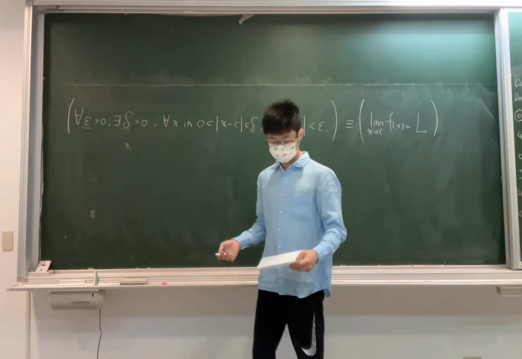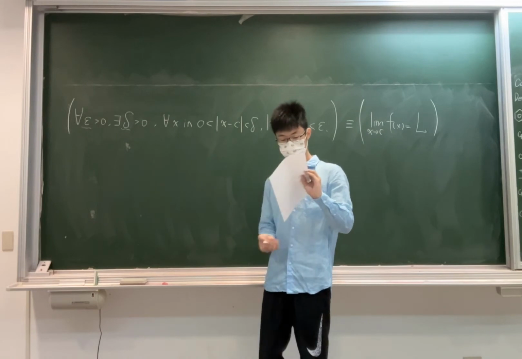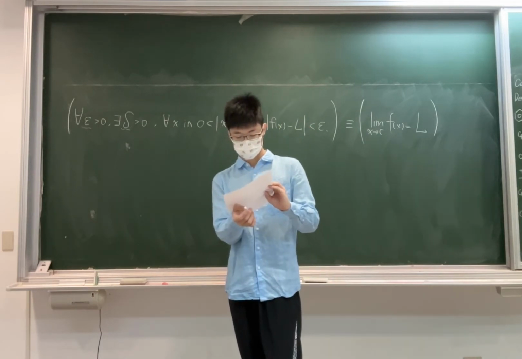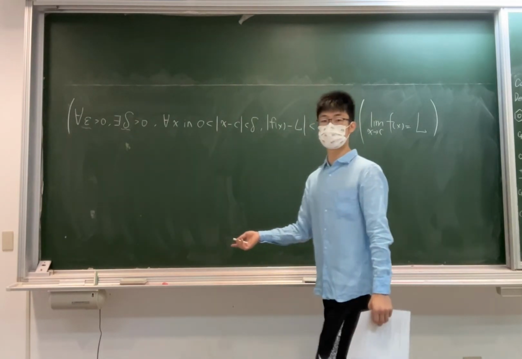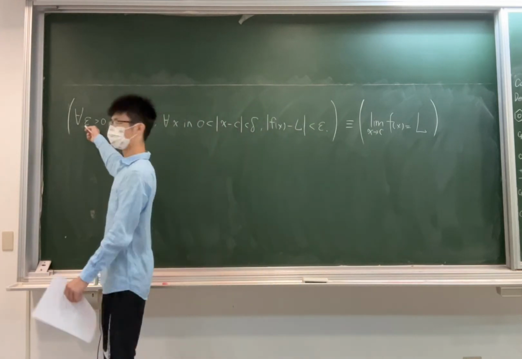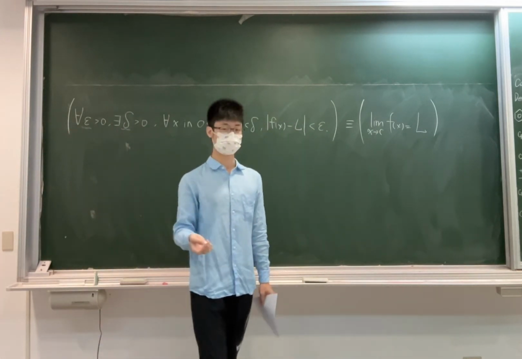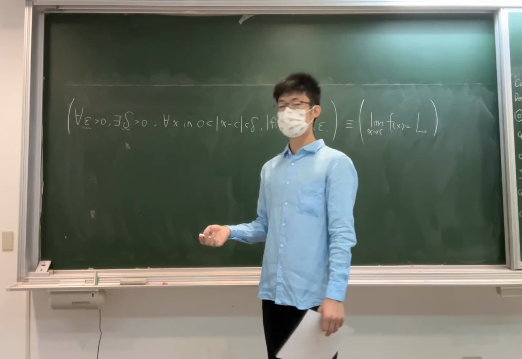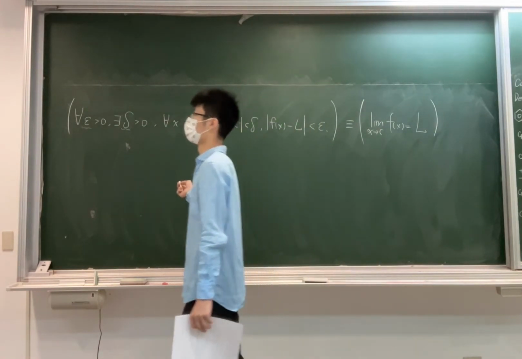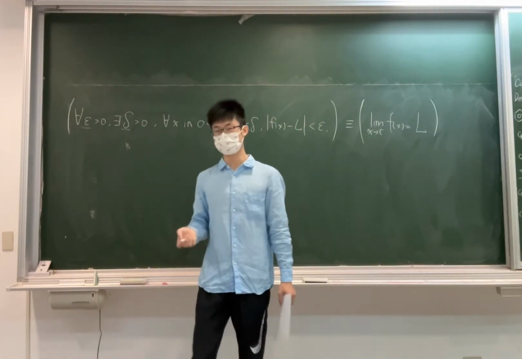Okay, so let's take one example here. Before that, I have to say this: for all epsilon greater than 0, this is kind of tricky because actually any real number is fine.